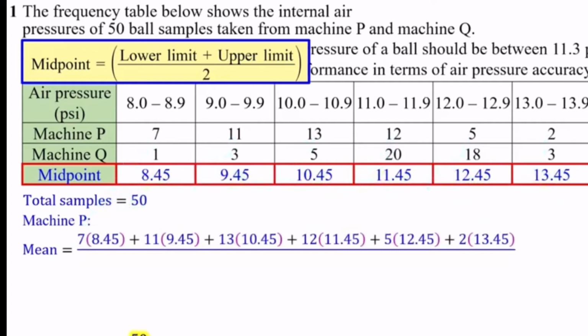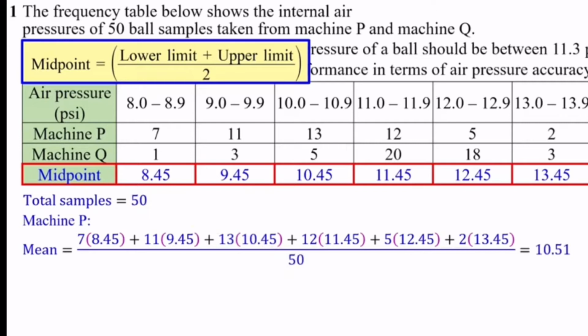The total samples, it was given in the question, 50, so we will divide by 50. For the mean, we need to divide by total frequency. So the mean, after we press the calculator carefully, is 10.51. 10.51 is the mean for machine P.